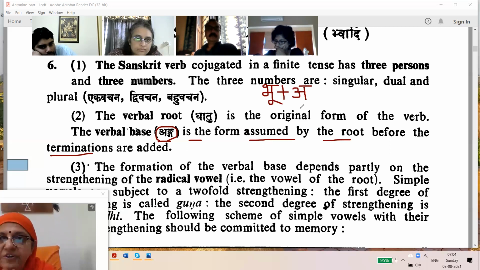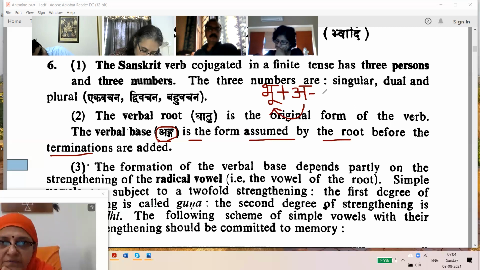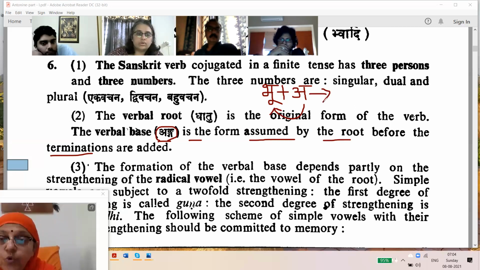The speciality of akara is that it causes guna of the last vowel. You tell me, what is the guna of u? Because bh plus u, no? It becomes bo.